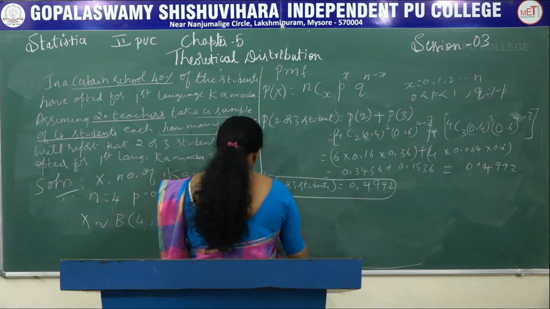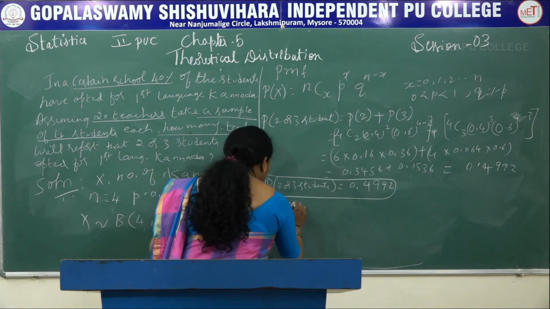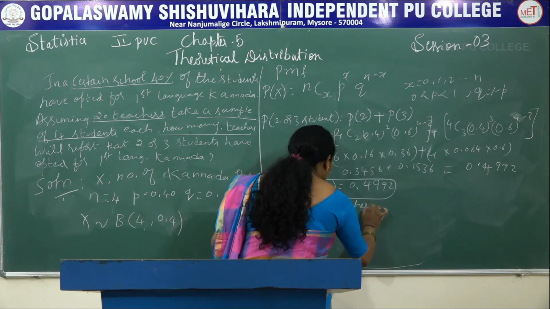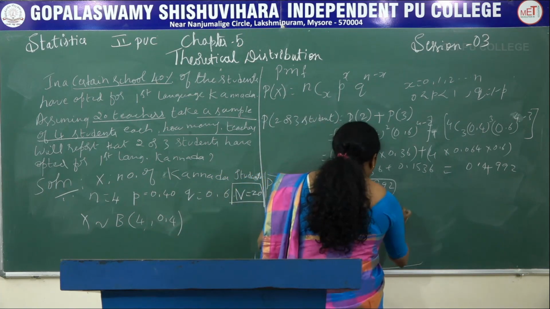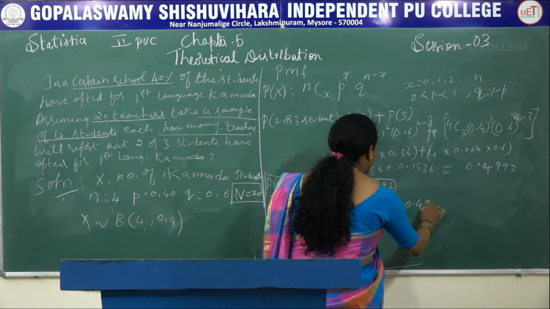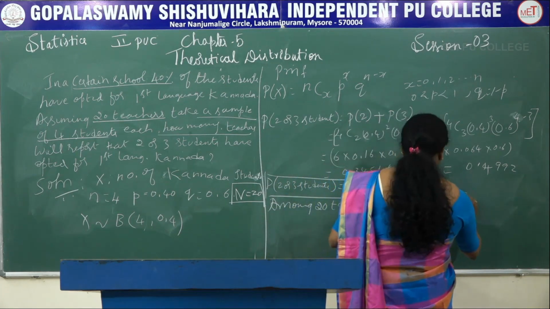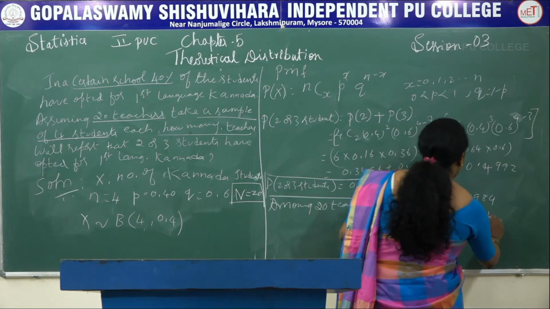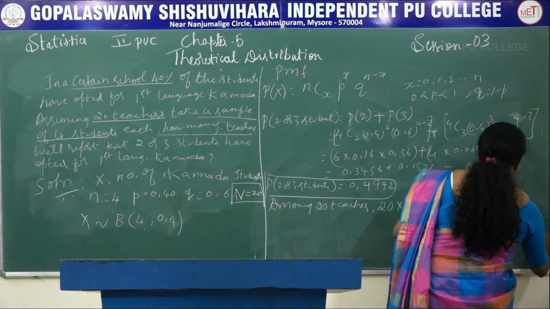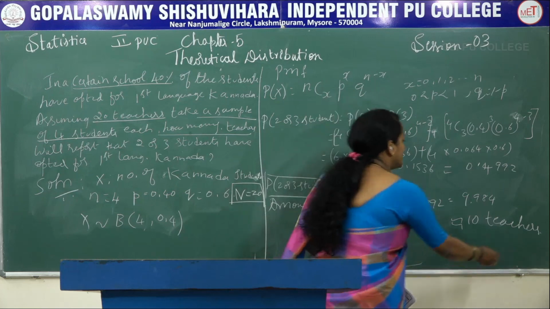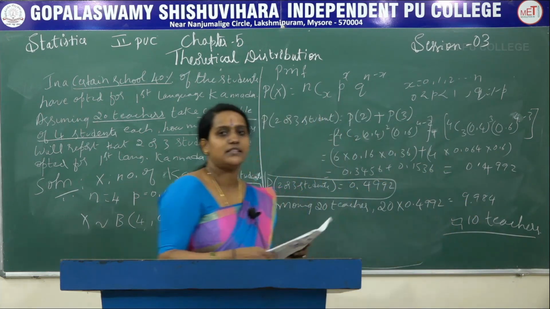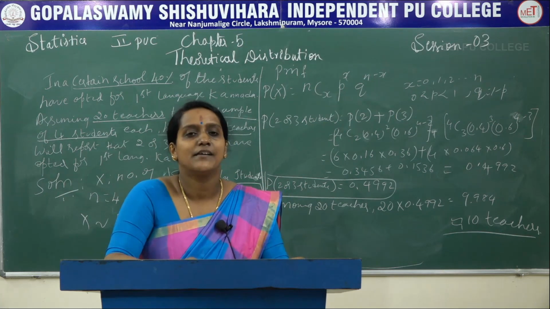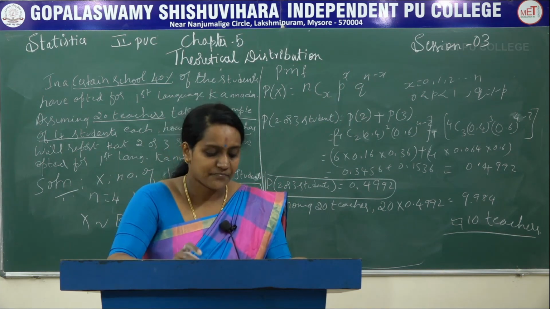So among 20 teachers, this is 20 into 0.4992, which is 9.9884, so approximately 10 teachers are reporting that 2 or 3 students have opted first language as Kannada.